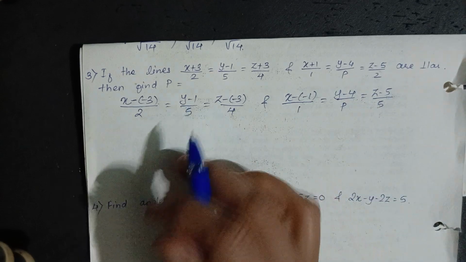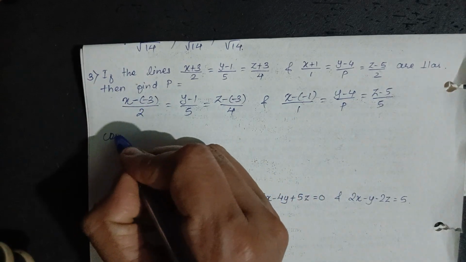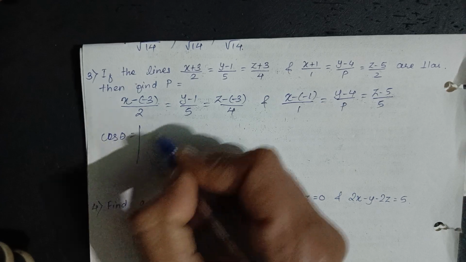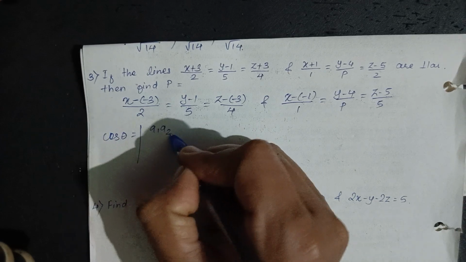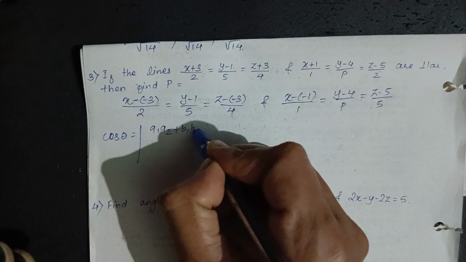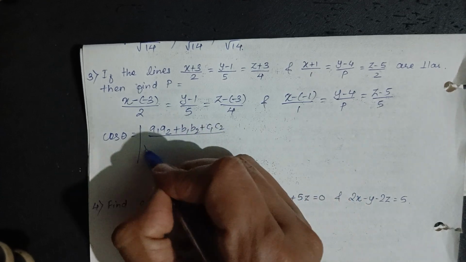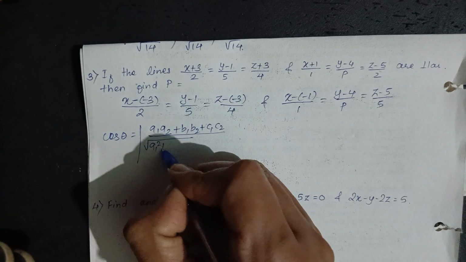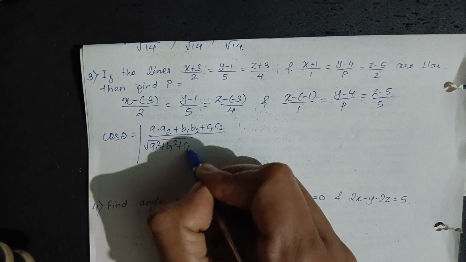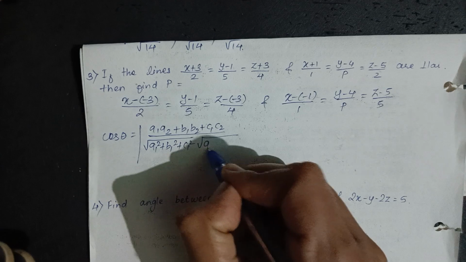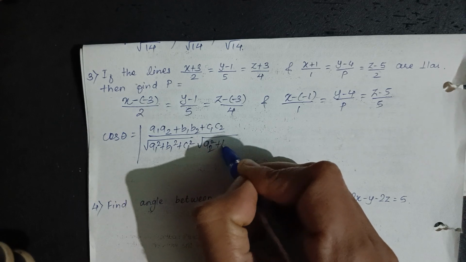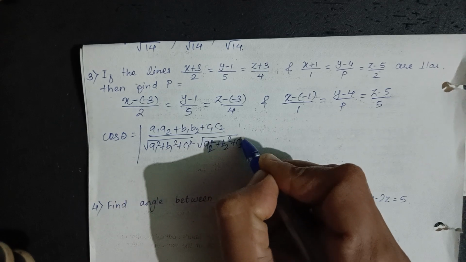To find the angle we need cos theta equal to a1 a2 plus b1 b2 plus c1 c2 upon root of a1 square plus b1 square plus c1 square, times root of a2 square plus b2 square plus c2 square.